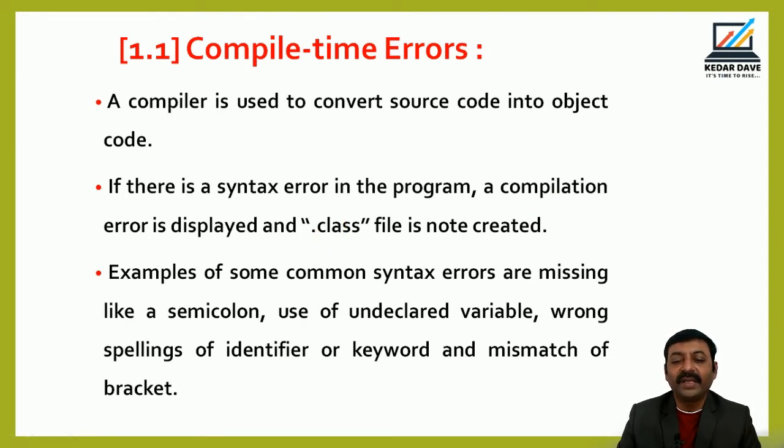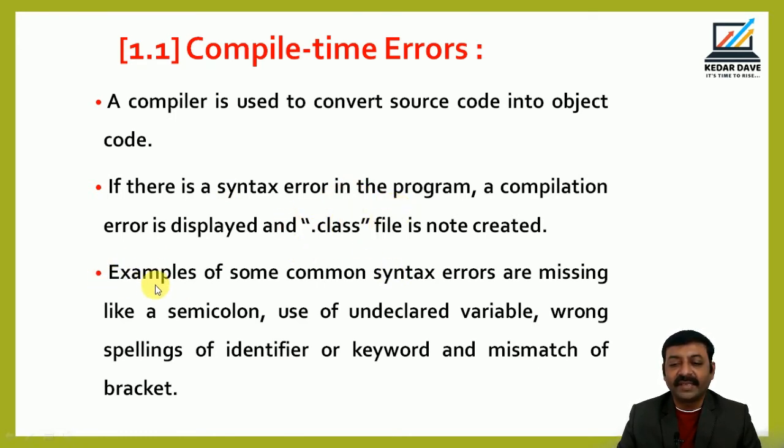When you write the source code of a Java program, generally the file name is your class name dot Java. After that, when you compile it, if there is a syntax error in the program, it will not generate a class file.